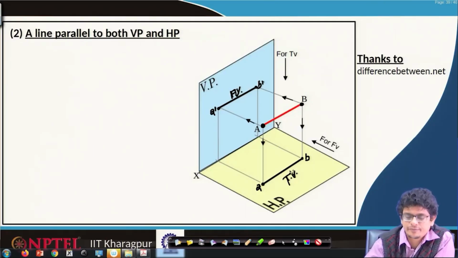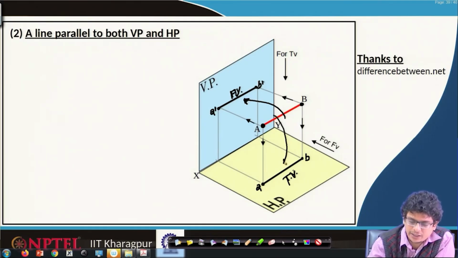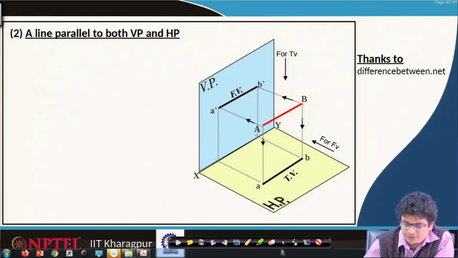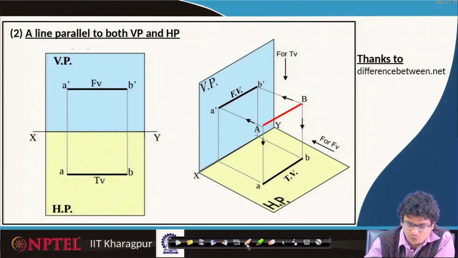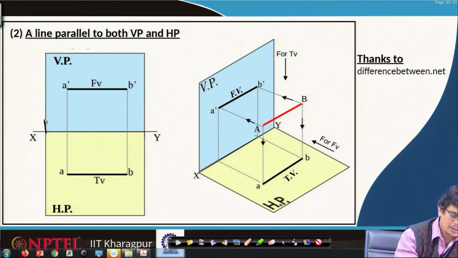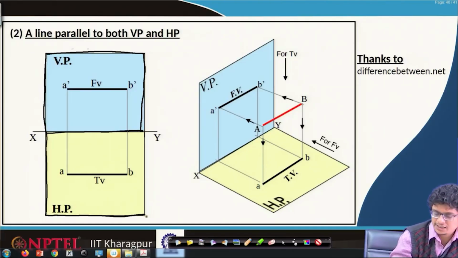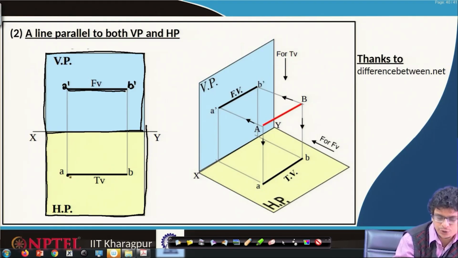When we flip this horizontal plane by 90 degrees, what we will see is the vertical plane for the front view and the horizontal plane as the top view in the first quadrant, and A prime B prime maps to AB of the same size.